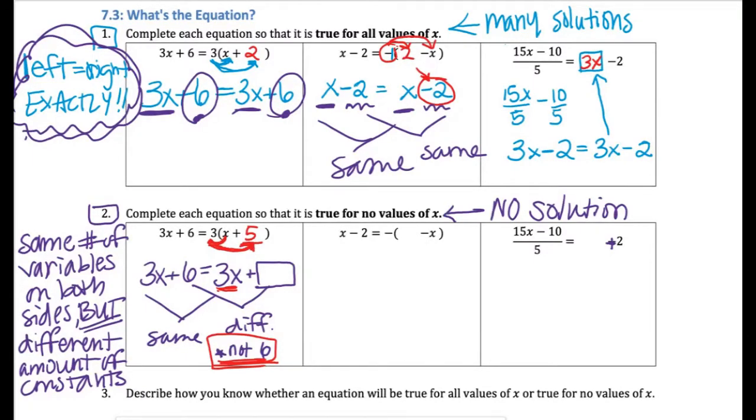Any number that will not make 6 when you distribute. So whatever number you put there just cannot become 6 when you distribute the 3. If you put 5, you're going to end up getting 15. It's not 6, so we're going to be good, right?